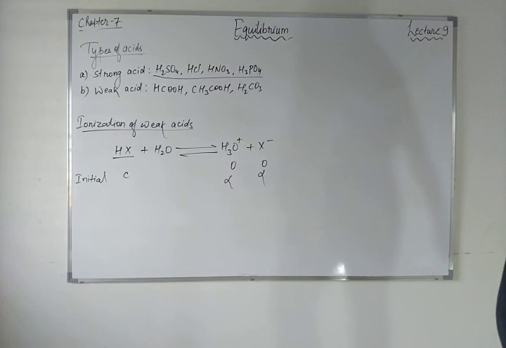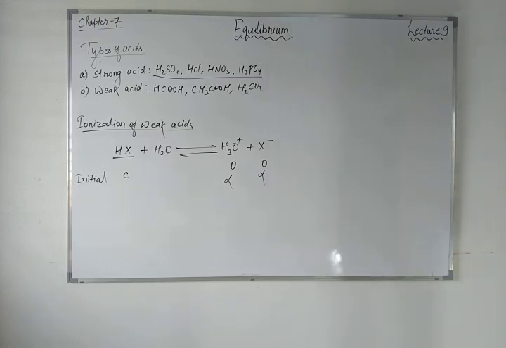So after time T, what will be the concentration of HX? Can you tell me? It will be this ionization extent, means if I talk about this alpha, it has been the extent of ionization change.